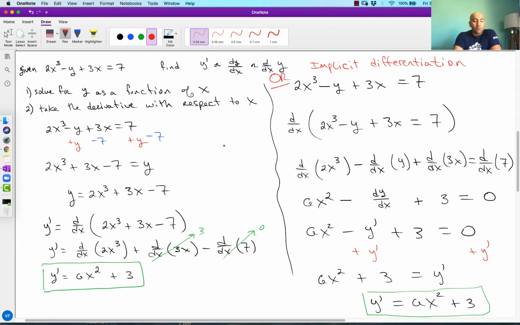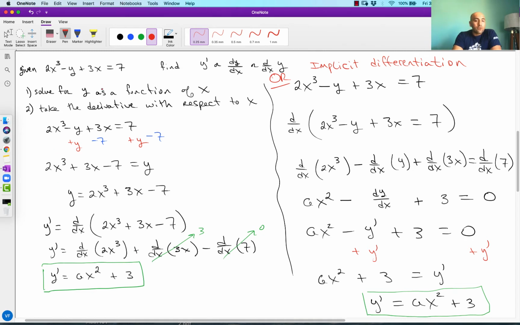But let's do an example next where hopefully that'll be clear, because the advantage comes in that sometimes these equations are really hard to solve for y. So this first step might take you a long time. And the result might be really, really ugly. It might be very hard to find that derivative once you finally solve for y, or there might not be a solution for y. That might not be possible to solve for y.